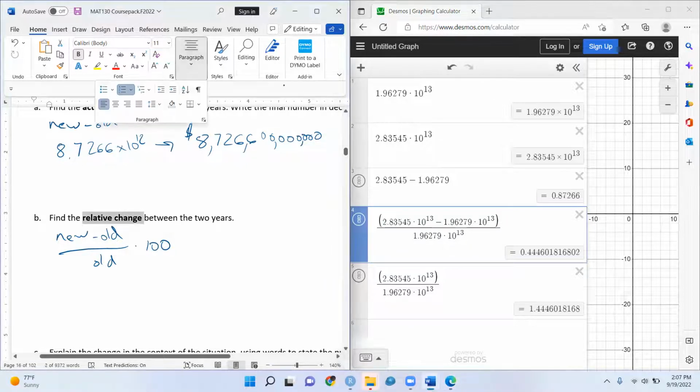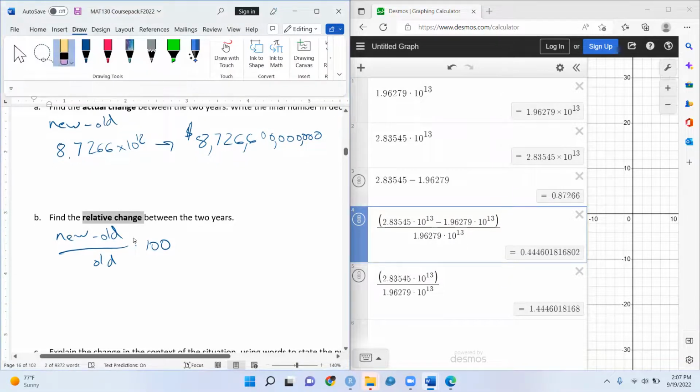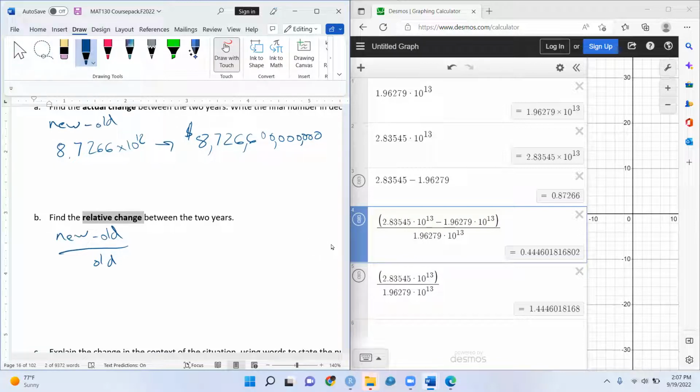Can you explain the similarities between the two? And then of course we multiply that by 100 to get the percent change.